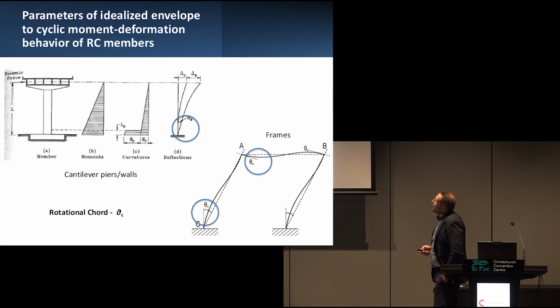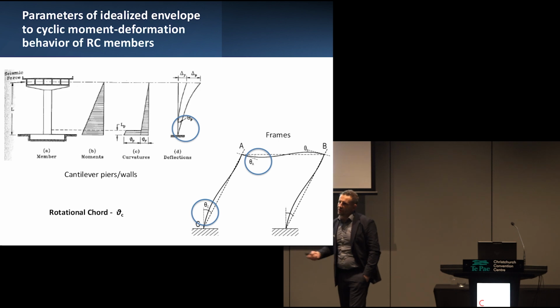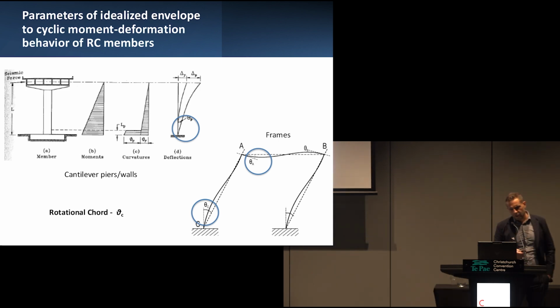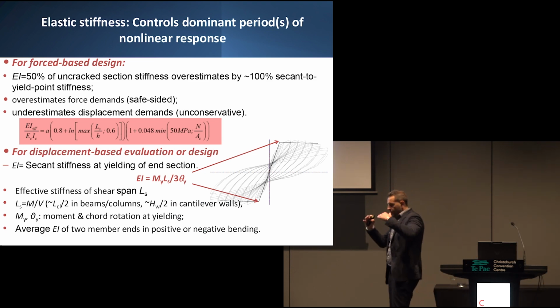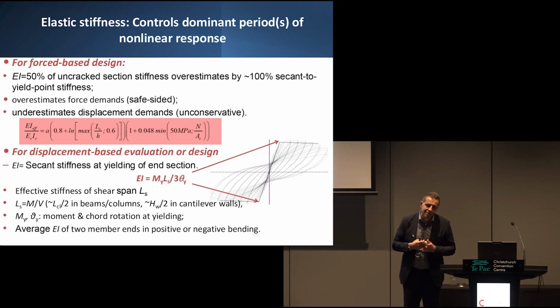Now, what we will see, and this is actually in the model code, as I was saying before, the key parameter is the rotational chord. In the rotational chord, you will have the ability to calculate the rotational chord at yielding, but also at ultimate limit state.